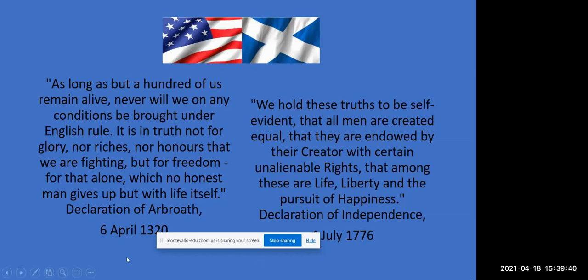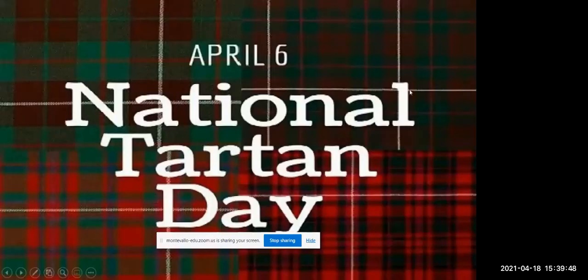And you'll notice the date of the Declaration of Arbroath, which is the 6th of April, a day commemorated in the United States as National Tartan Day.